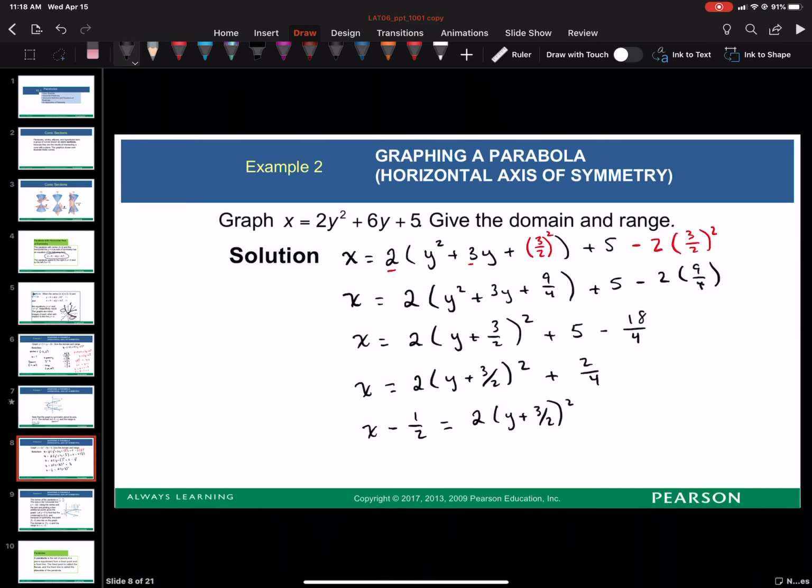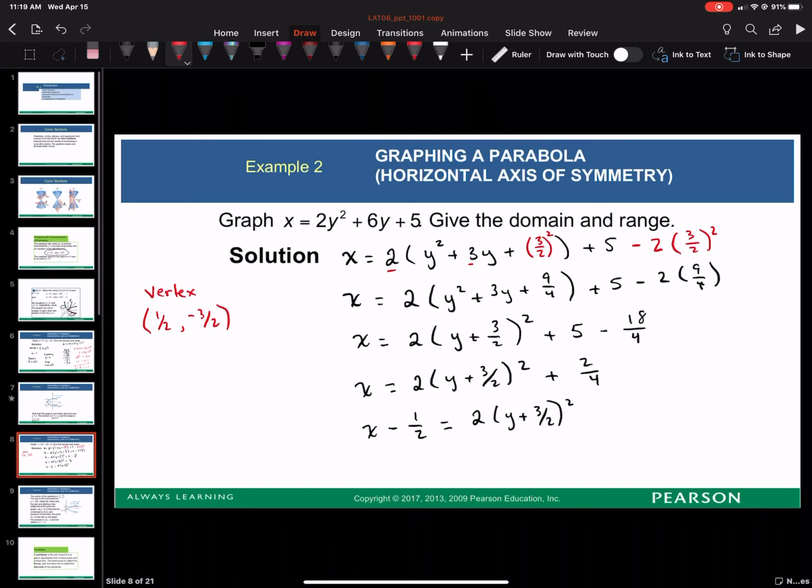Now we know we can go ahead and find what your vertex is. So your vertex is going to be 1/2 and negative 3/2. All right. So when we look at domain and range, now we got to look at a.